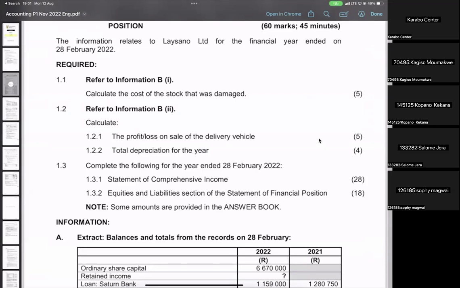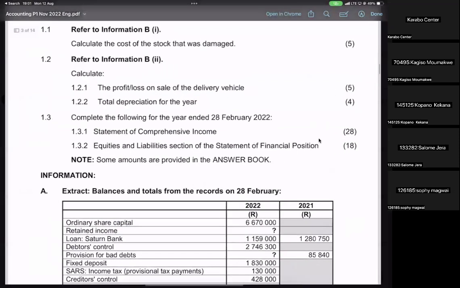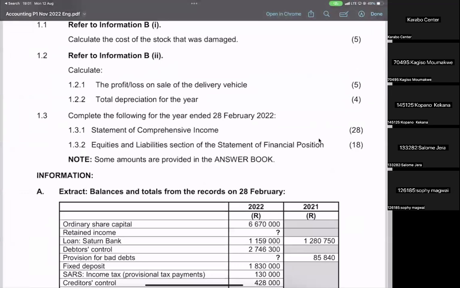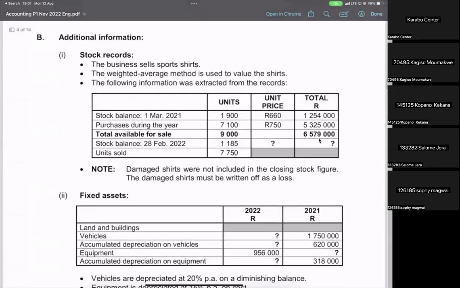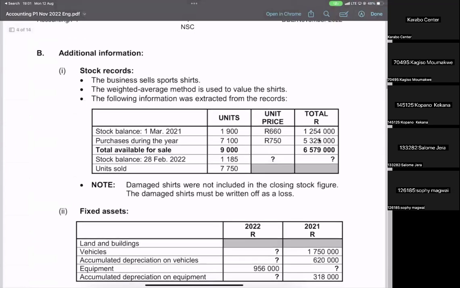So we have to go to information B and calculate the cost of the stock that was damaged. Here is information B, stock records. The business sells sports shares. The weighted average method is used to value the shares. The following information was extracted from the records.